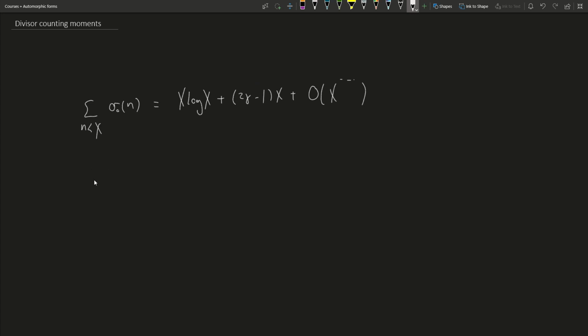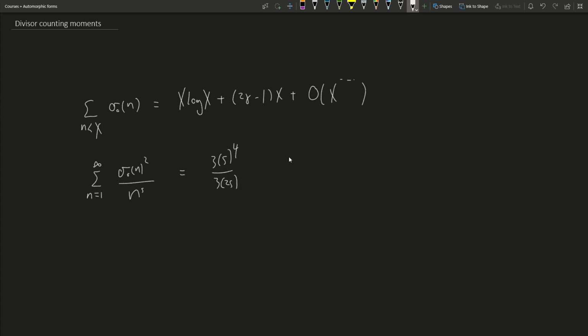There's also this identity that the Dirichlet series, the sum over n from 1 to infinity of the square of the divisor counting function over n to the s, is equal to the fourth power of the Riemann zeta function divided by the Riemann zeta function at 2s.